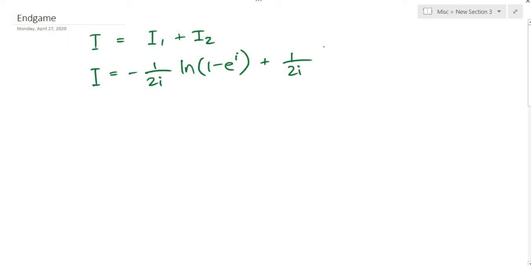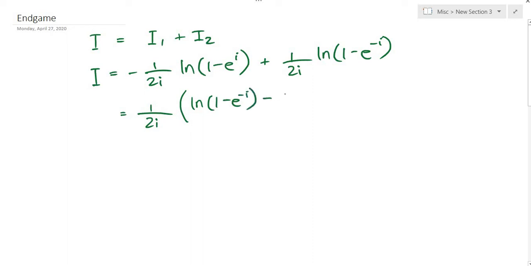We're plugging in I2 now: 1 over 2i times the natural log of 1 minus e to the negative ith power. So let's just factorize out this 1 over 2i, and therefore we'll obtain the natural log of 1 minus e to the negative ith power minus the natural log of 1 minus e to the ith power.